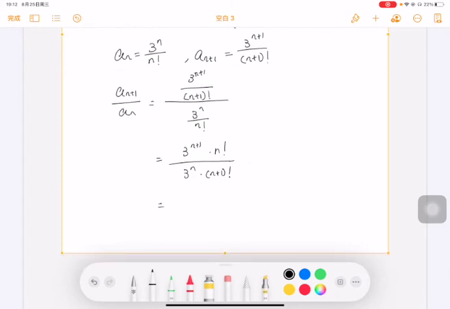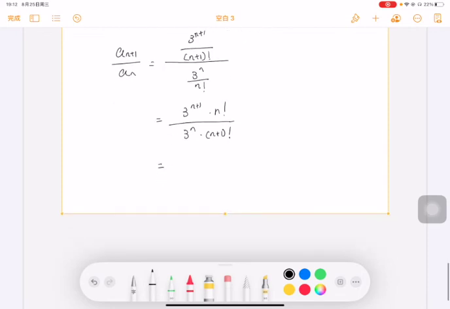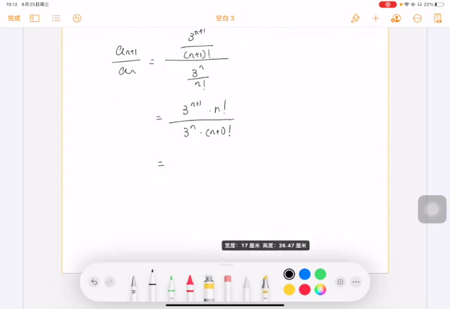Now notice that (n plus 1) factorial is (n plus 1) times n factorial. And the n factorials cancel out, so we get 3 to the n plus 1 divided by 3 to the n times (n plus 1).